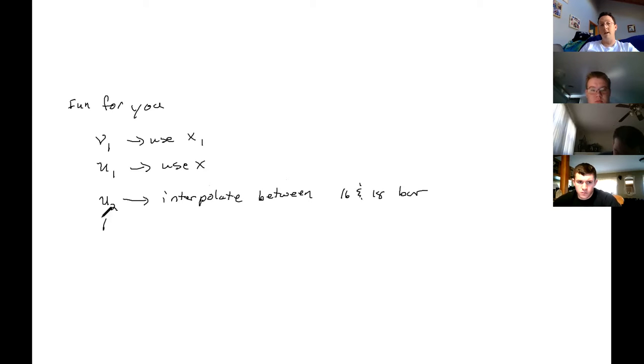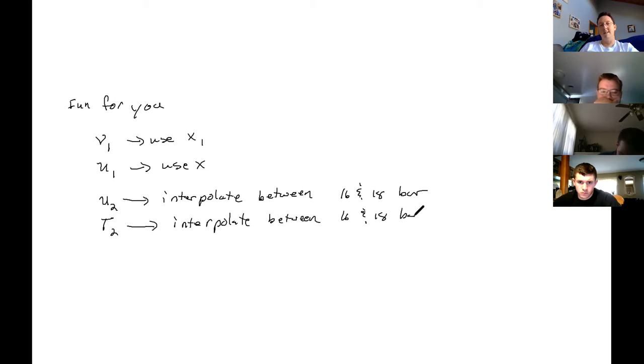And similarly, to get the temperature for state two, you're going to interpolate between 16 and 18 bar. Then you're going to use that temperature, because from 2 to 3 is constant temperature.